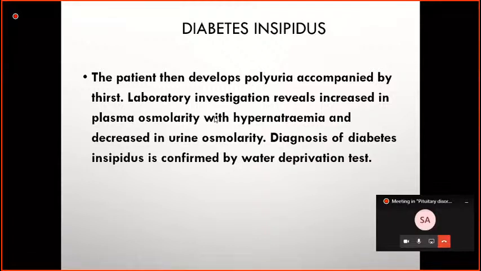In a normal person, you would expect the urine osmolarity to increase to the maximum because you want to produce a concentrated urine. But in diabetes insipidus, you will see the plasma osmolarity will be higher because it is not able to be normalized.